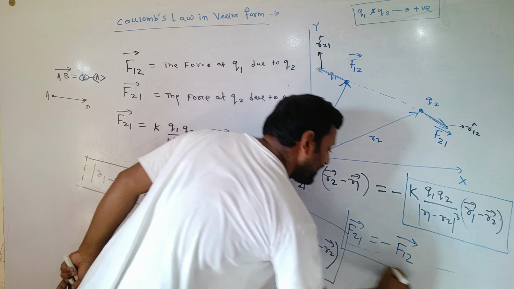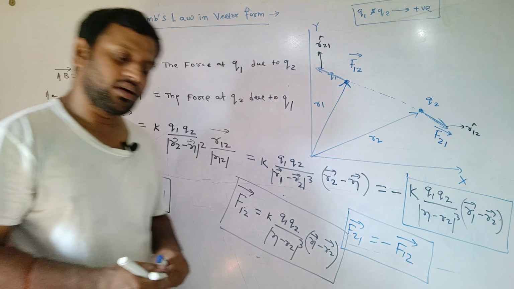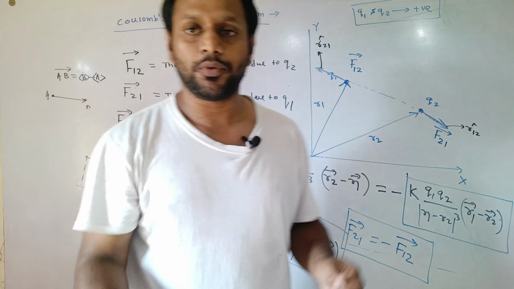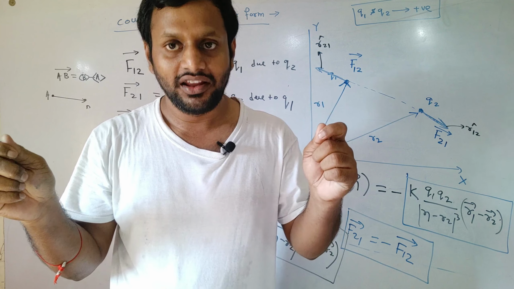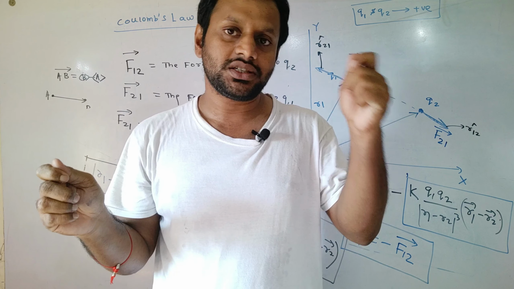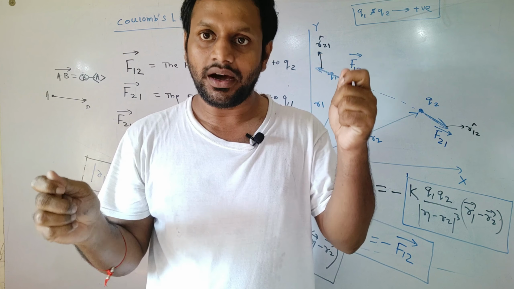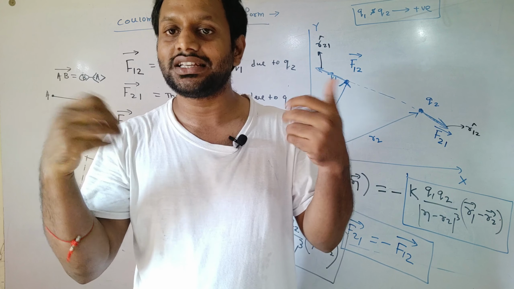So F21 vector is equal to minus F12 vector. Conclusion here: suppose there are two points separated by a distance r, the magnitude of force experienced by this charge is the same as the magnitude experienced by the other charge, but the direction is opposite.